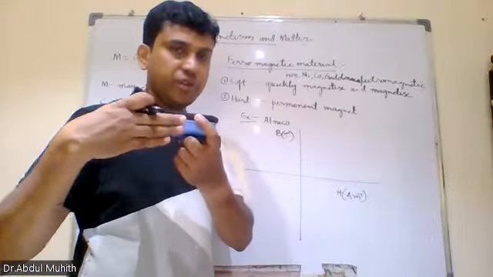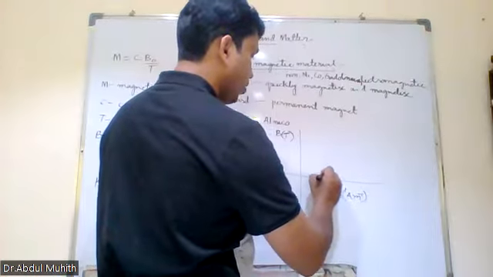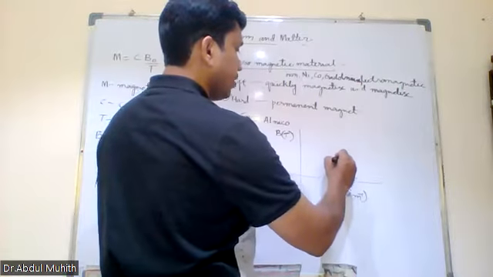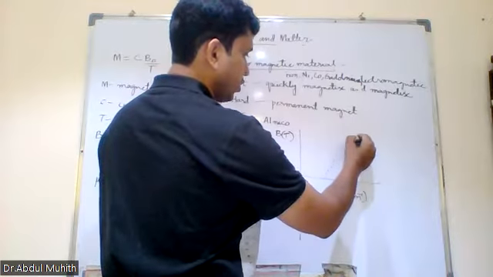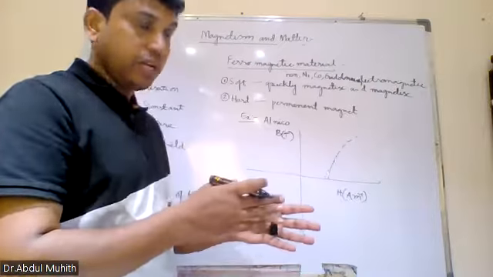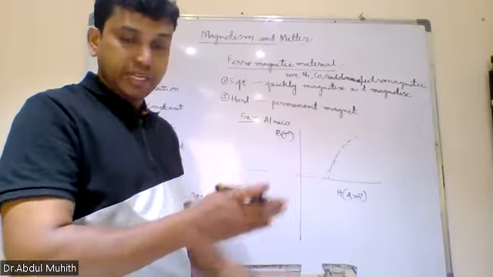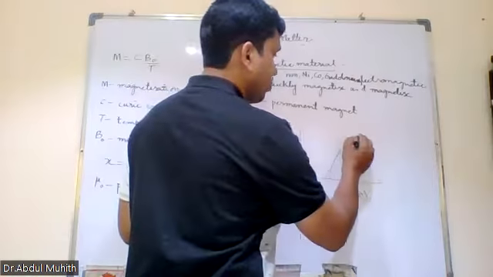So when you start applying the magnetic field, the magnetization increases. All the domains start aligning in the direction of the field, and they reach the maximum.